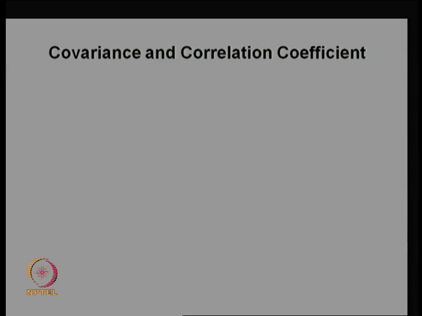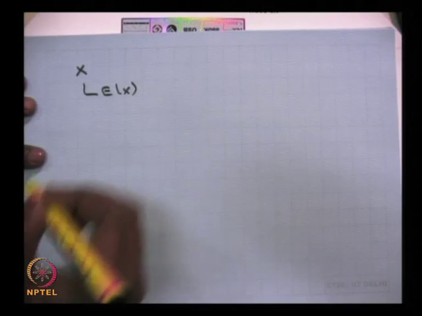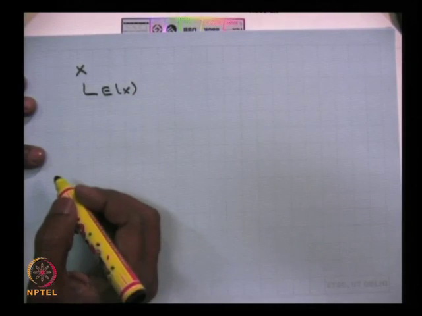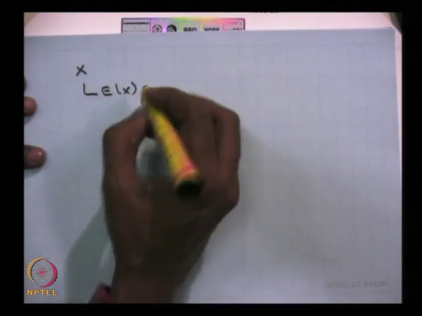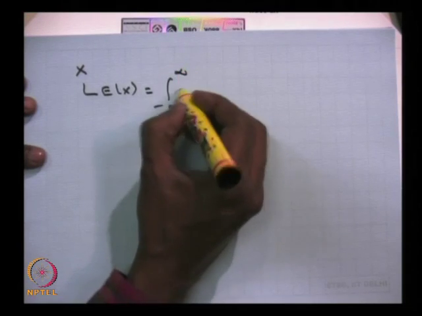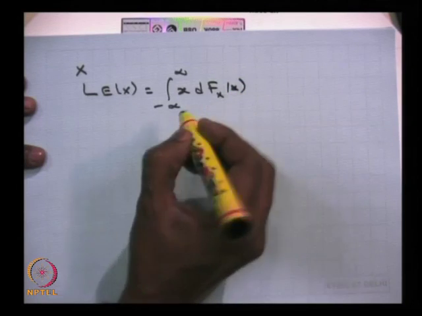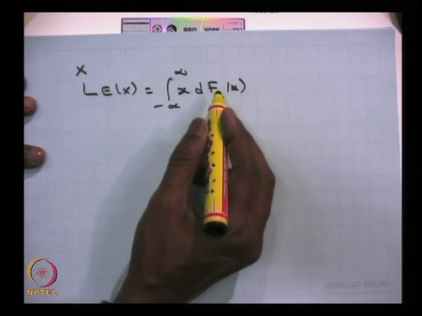Now we are moving into the next concept. There are some moments we can find from a random variable. Suppose you have a random variable x, you can find the expectation of x, if it exists. That means you can always write the expectation of x as the integral from minus infinity to infinity of x times dF(x), where capital F is the CDF of the random variable.